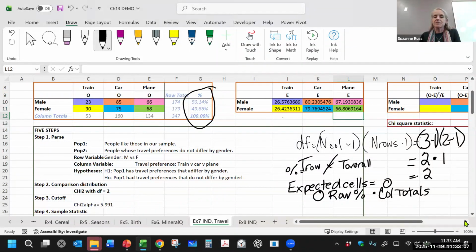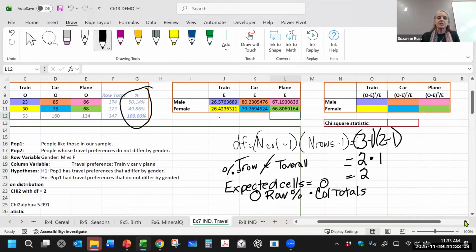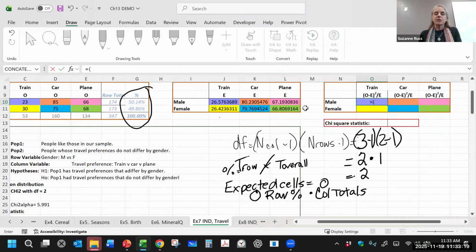So now we're asking, are these differences significantly greater than normal? And this is where we're going to finish the formula. We're going to write O minus E squared divided by E, a little bit longer formula. So equals parenthesis. So let's first do the purple cell for train. That's where we're in. Let's subtract the male.